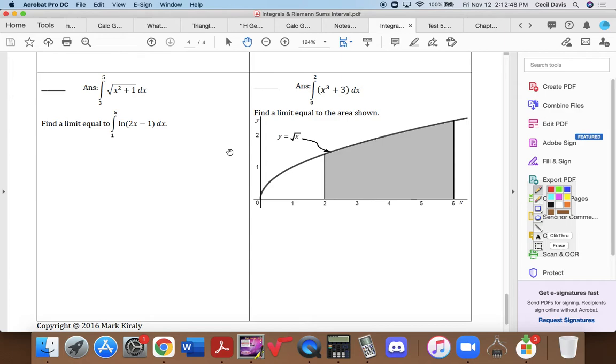All right, see if you can write a Riemann sum for this one.